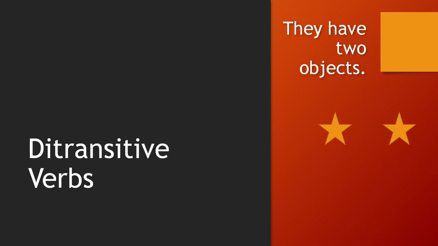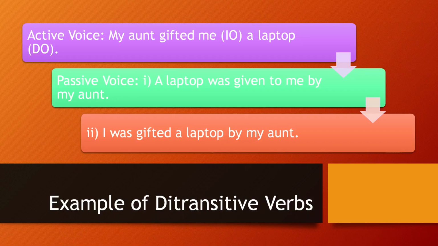So verbs with single objects are transitive verbs, and verbs with two objects are ditransitive verbs. Now look at these examples.